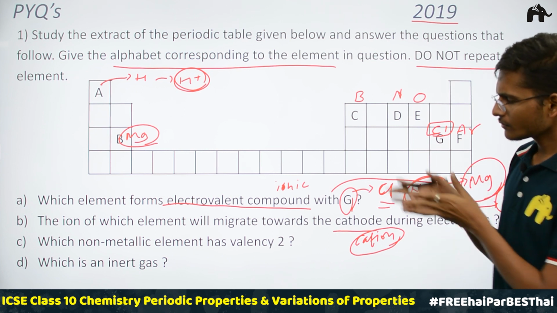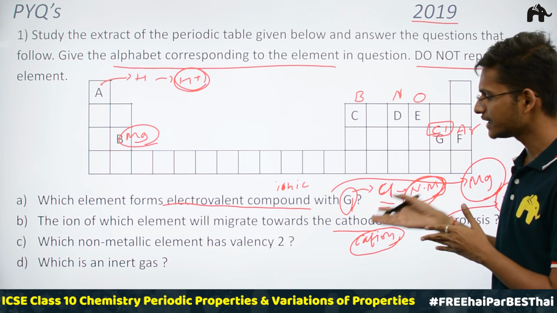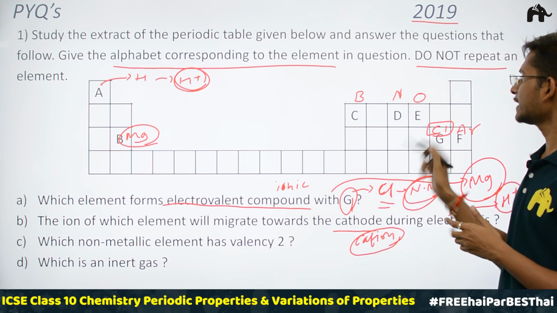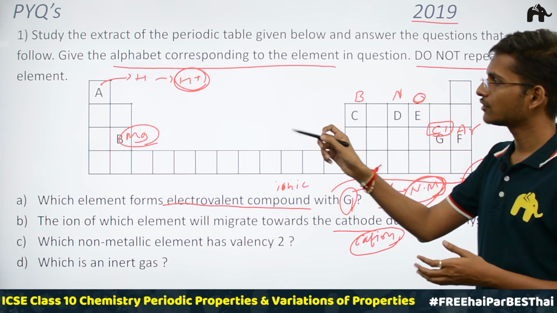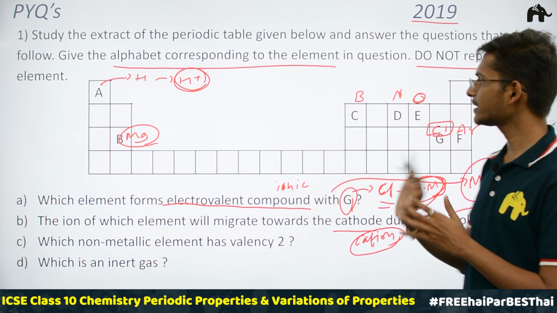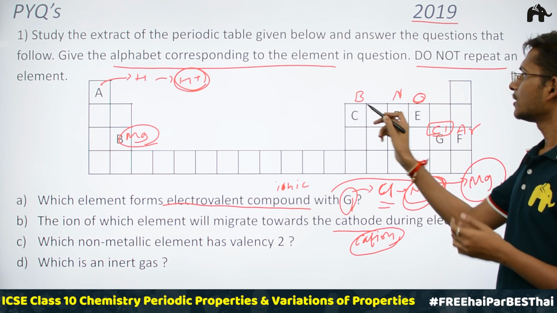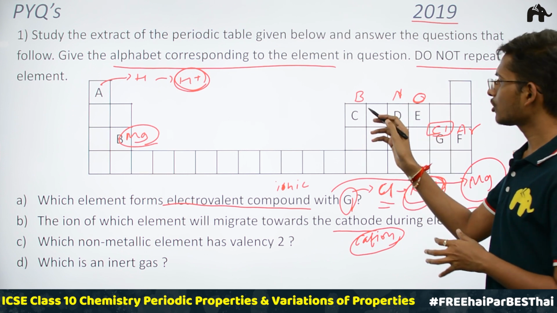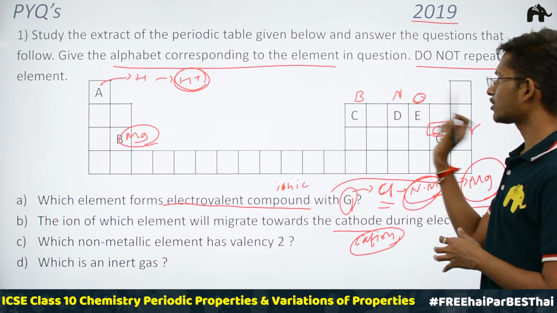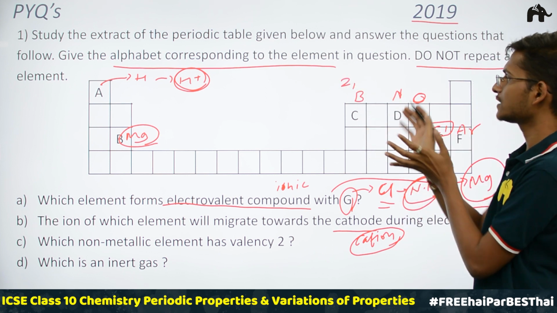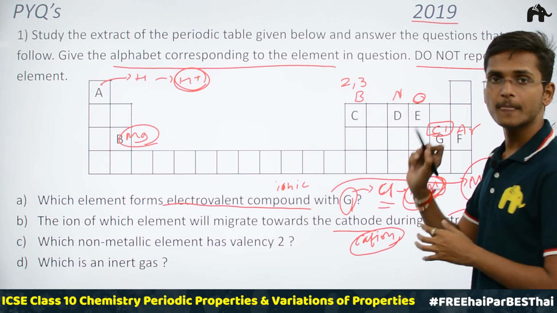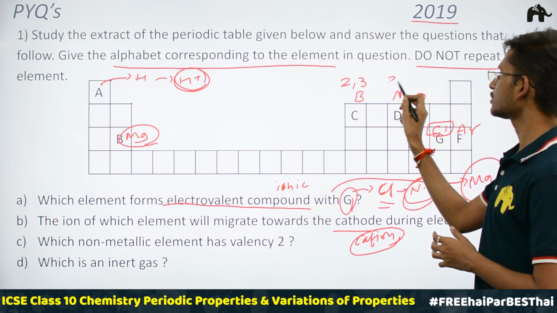Next, which non-metallic element has valency 2? It's very simple to find out. These are metals. Magnesium is a metal, hydrogen is a non-metal, but it doesn't have a valency of 2. Boron and nitrogen don't have a valency of 2 either. Why? Because boron's electronic configuration is 2, 3, carbon's is 2, 4, nitrogen's is 2, 5.